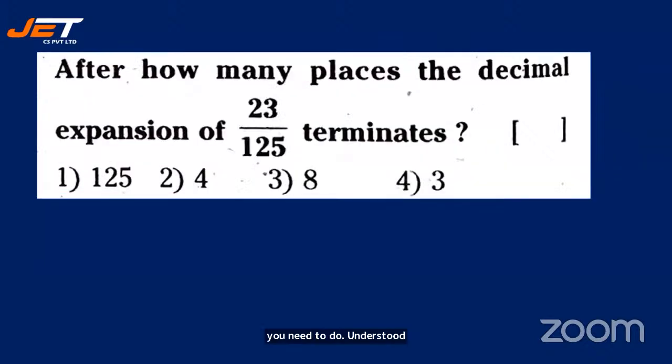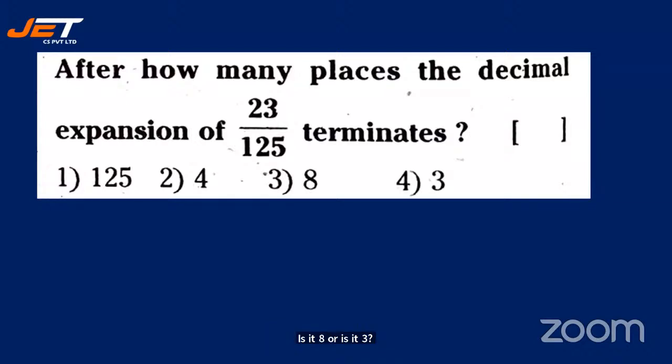After how many places does the decimal expansion of 23 by 125 terminate? Listen to the question very carefully. After how many places does the decimal expansion of 23 by 125 terminate? Is it 125? Is it 4? Is it 8? Or is it 3? Quickly give me your answers.